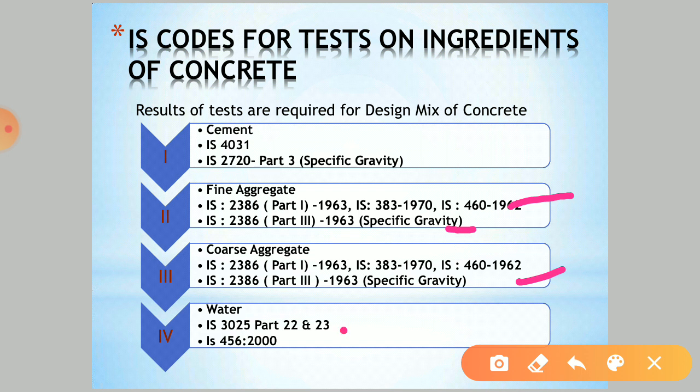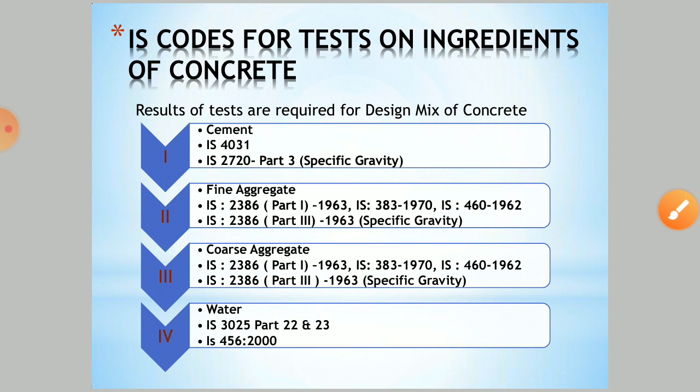Now IS 3025 is used to check the quality of water, and there are some guidelines given in IS 456 2000 for water.